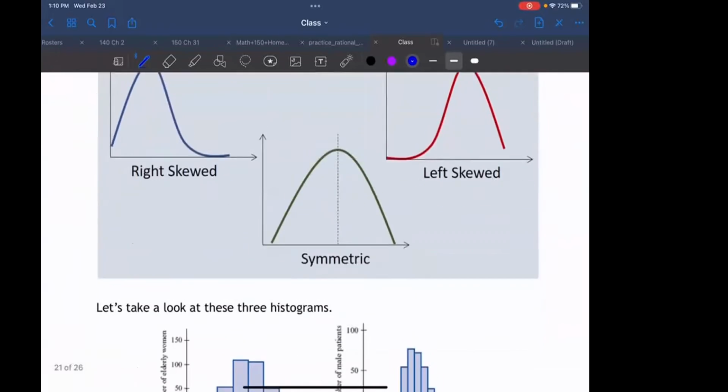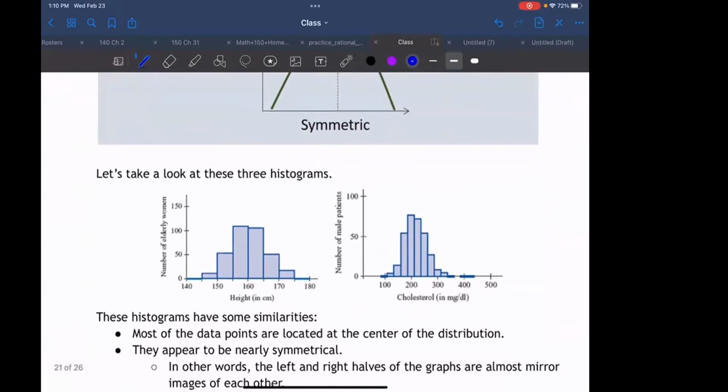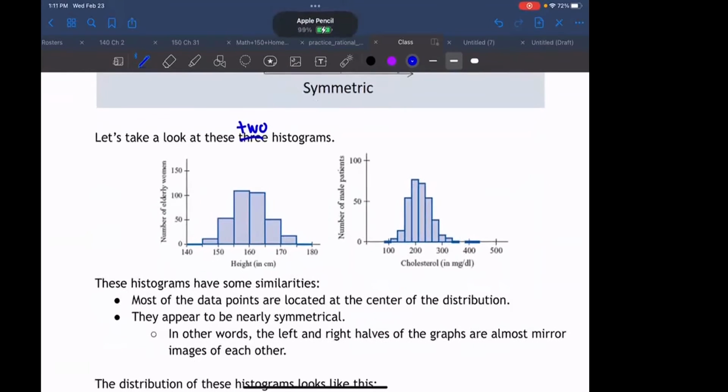Now let's take a look at these, not 3, but 2 histograms. Let's take a look at how these are similar. Both of them look symmetric-ish. This one might be skewed to the right, but still kind of symmetrical, right? So most of the data points are at the center of the distribution.